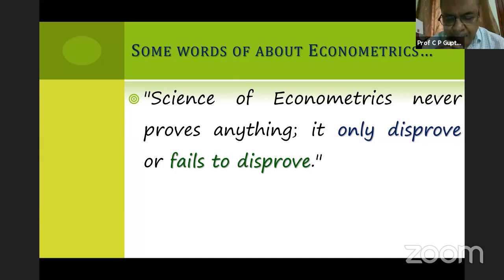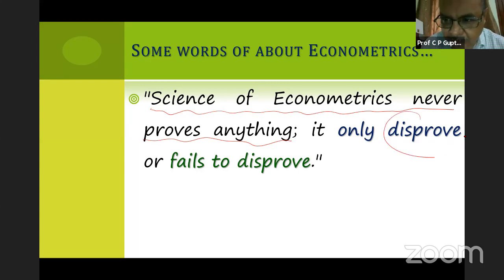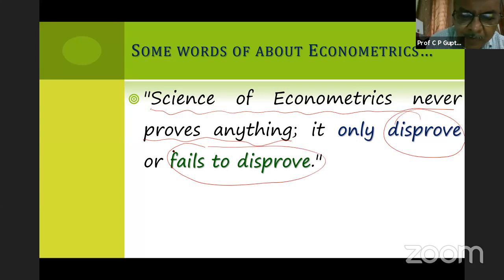So, some words I would like to share with you about econometrics. It says, the science of econometrics never proves anything. It only disproves or fails to disprove. Please understand it. That's a very, very important message for every researcher.